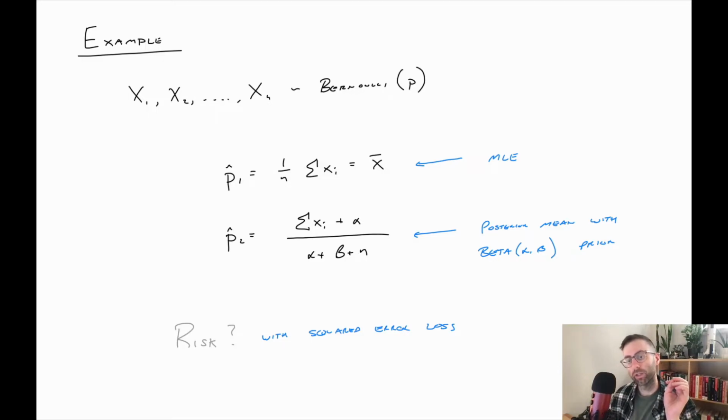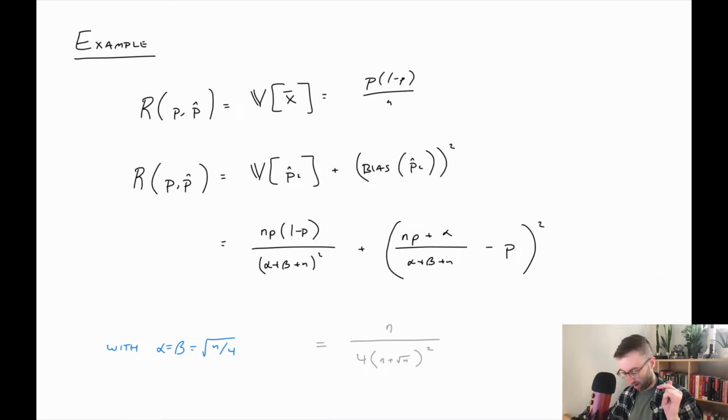And we want to ask, what is the risk of using these two estimators with squared error loss? Recalling that the risk under squared error loss is just the mean squared error, we very quickly can get those two risks. Now, the risk for, this should say 1, and this should say 2.